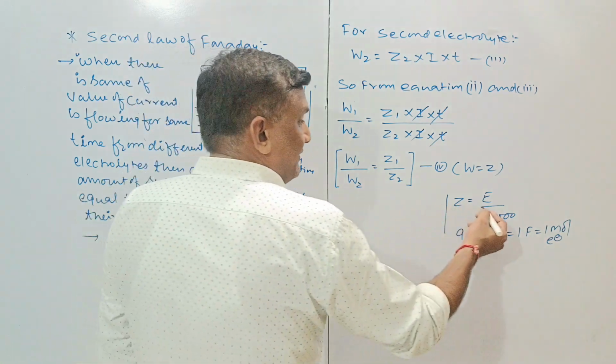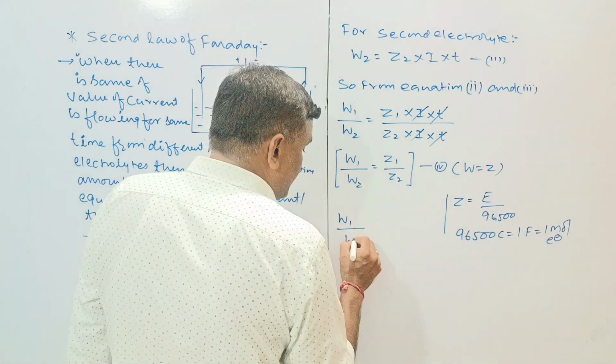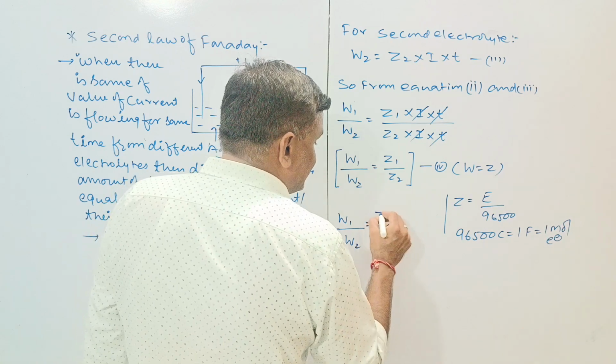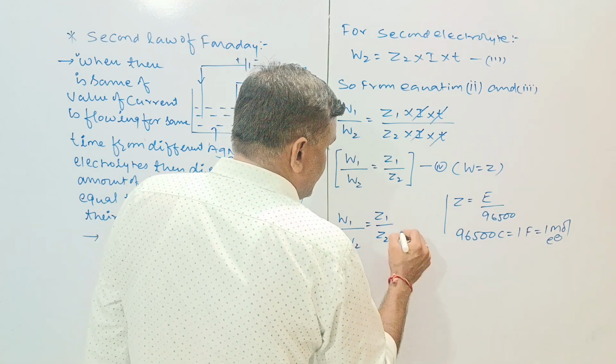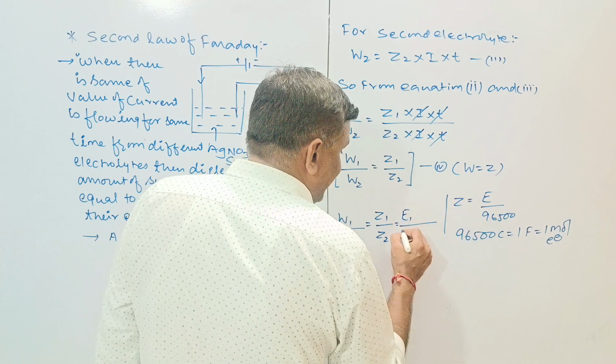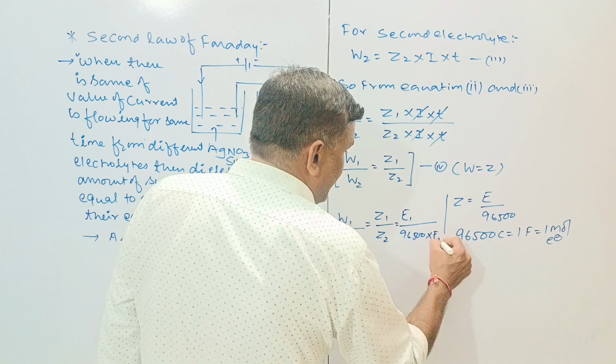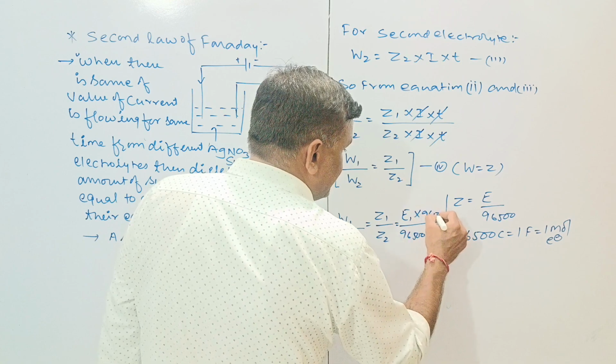So if we put in the values, then W1 upon W2 equals Z1 upon Z2. The value of Z1 is E1 upon 96500, and the value of Z2 is E2 upon 96500.